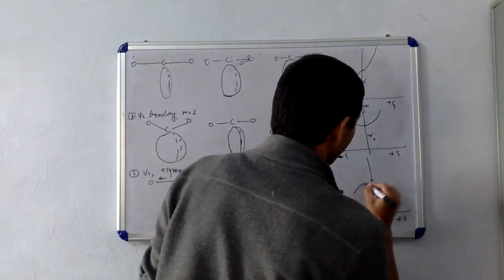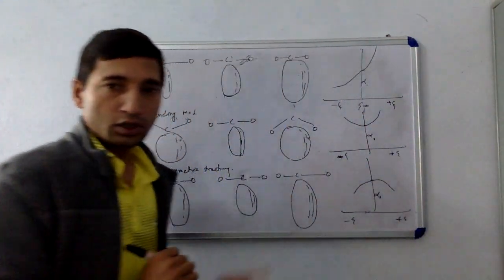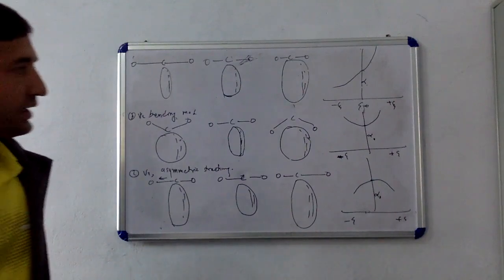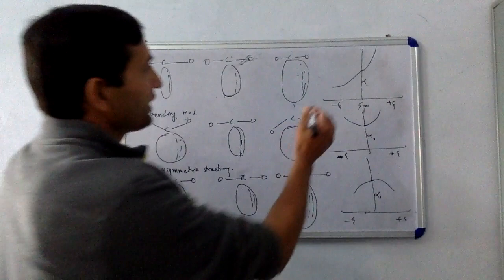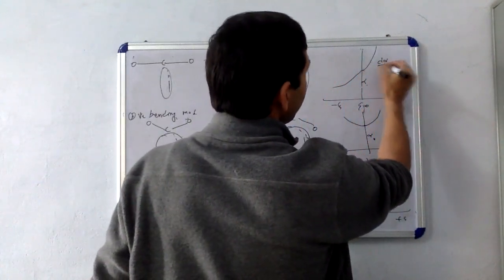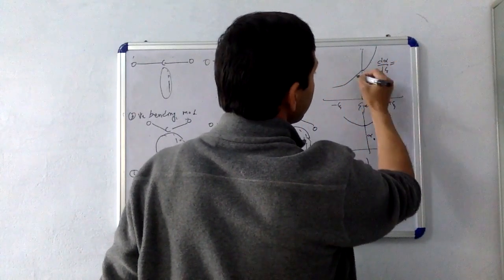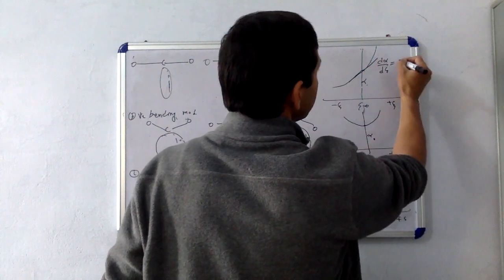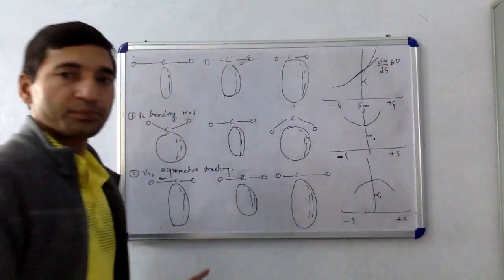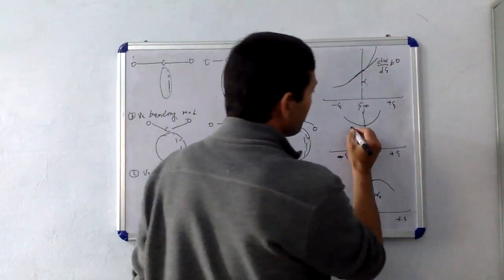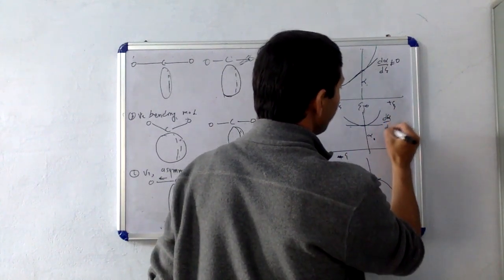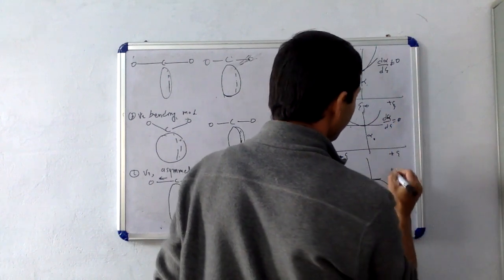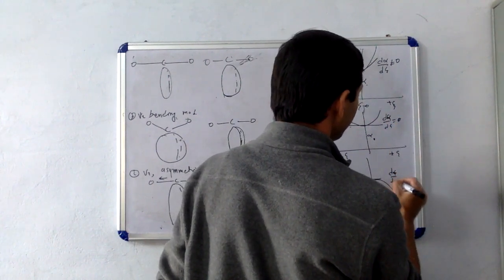So I will get somehow this condition. Overall, if you look at this d xi, at this point d alpha by d xi, that is the tangent at this point, is not equal to 0. However, once I plot the tangent at this other point, d alpha by d xi is equal to 0.